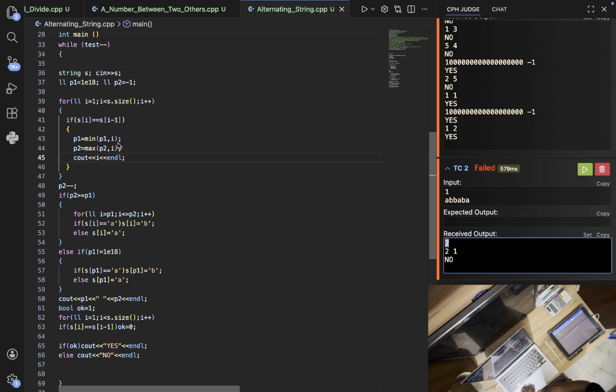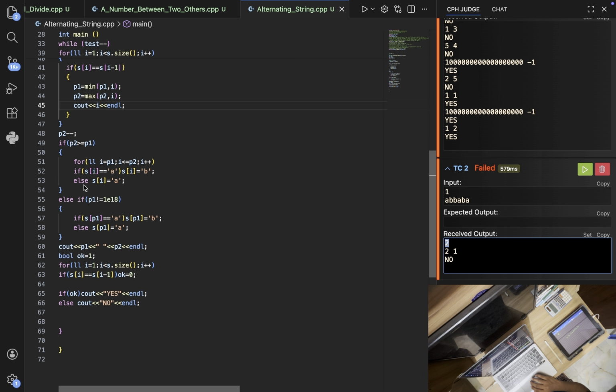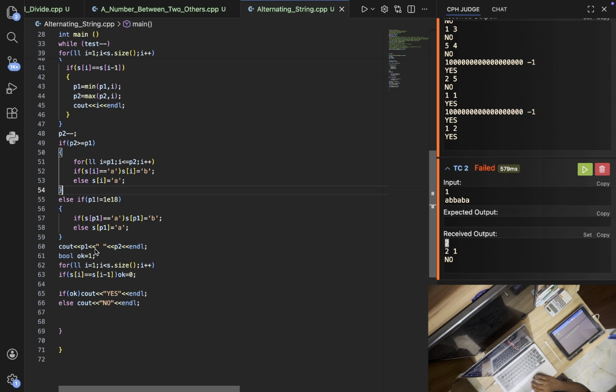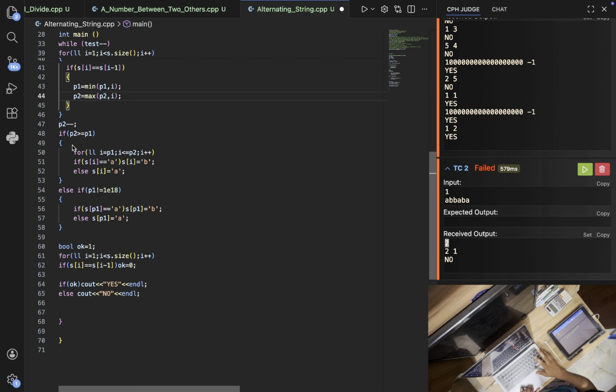What's going on? Oh yeah, P1 is two. Yeah, that's correct. P1 is two. If P2 greater than, it's not greater than. If P1 not equal to 118, if that's equal to A, it will be B. Otherwise, it will be equal to A. It will be equal to A.